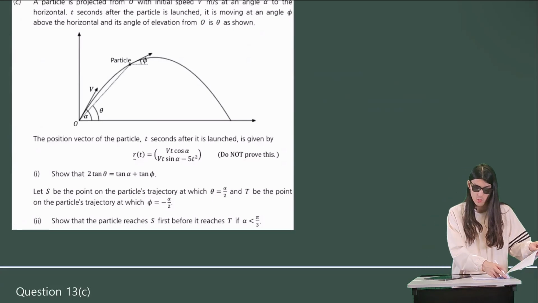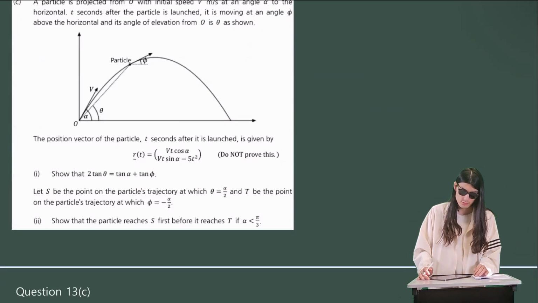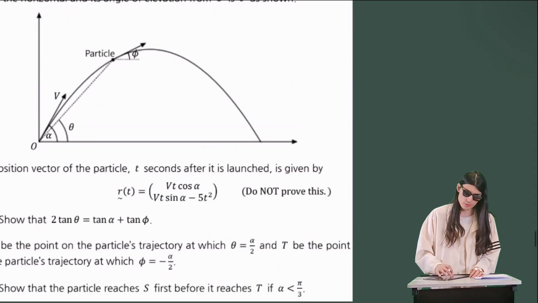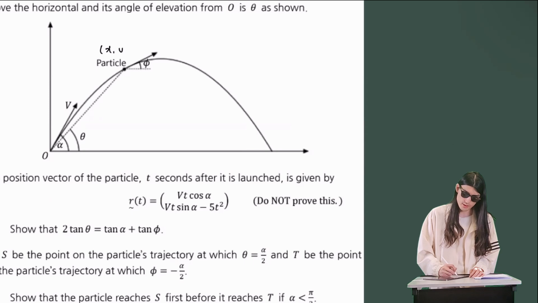Projectile. So, what the question is describing essentially is when the particle is at the point shown on the Cartesian plane. Let's suppose that point has got the coordinates x and y.